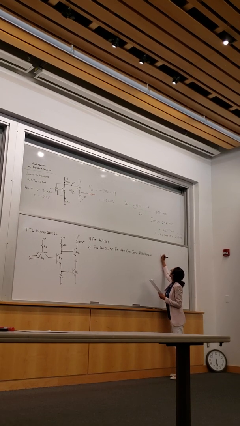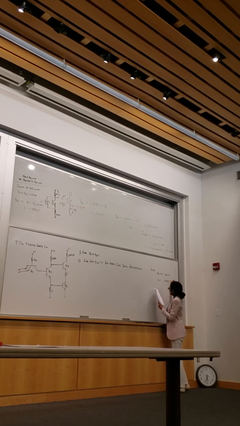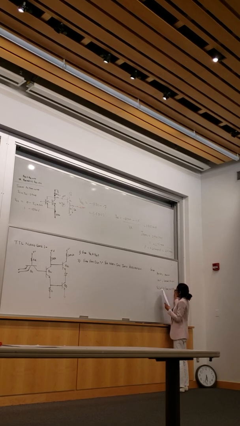And given beta F 20, beta R 0.5, beta L 1, VCE sat 0.2 volts, VD on equals VBE on equals 0.7.